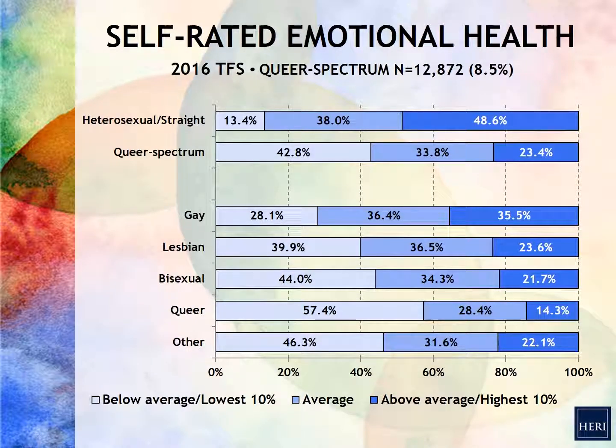This is where the news gets even more grim. We ask students to rate themselves on a variety of skills and abilities compared to the average person their age. We have 5 response options: below average, lowest 10% on the low side, average, and then above average, highest 10% on the high side.